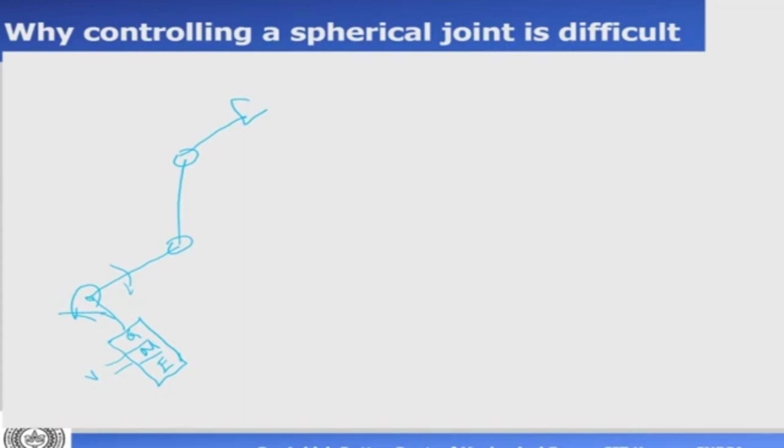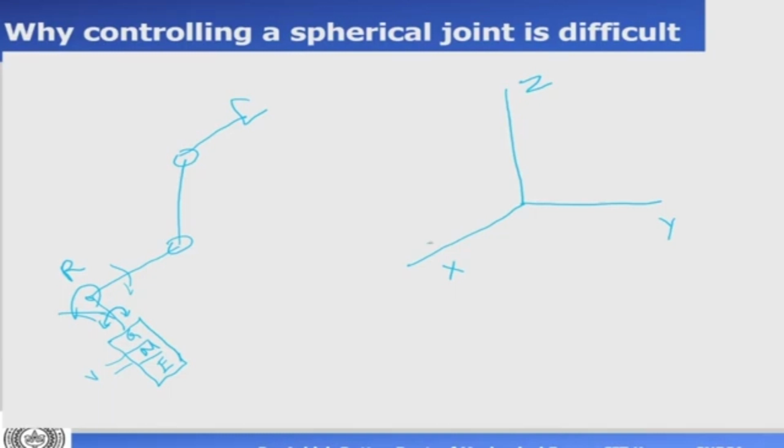Now if you have a spherical joint, let me draw the spherical joint here. So this is my spherical joint, and this is my x-axis, y-axis, and z-axis. Now if I try and move this, what we are seeing is that the rotation about this joint, a revolute joint in this particular case, is actuated by the motor.